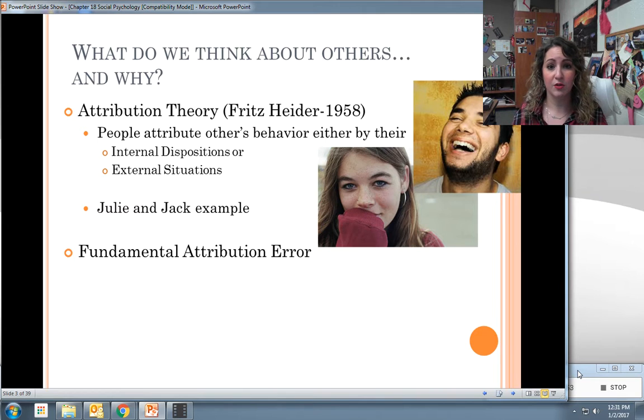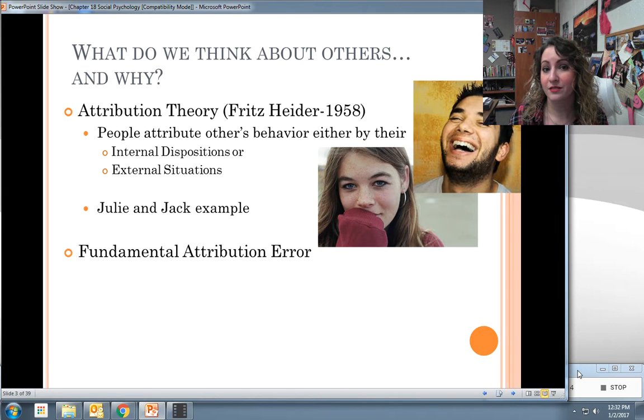Because it's very possible that Jack and Julie aren't so cookie cutter, extrovert and introvert, class clown versus the shy kid. It's very possible that there's a situation that they're in that's causing their behavior. So for Jack, the reason that he's a cut-up, maybe it's right after lunch and he's full of sugar.